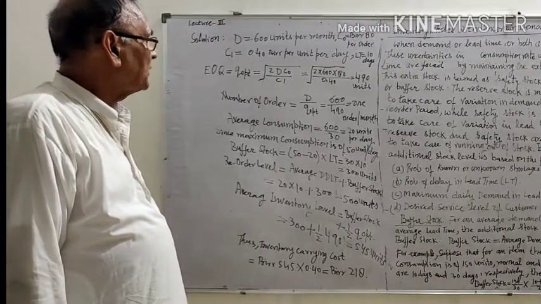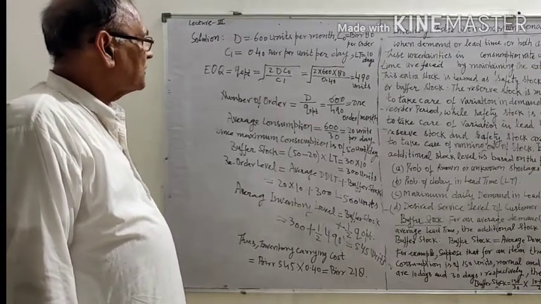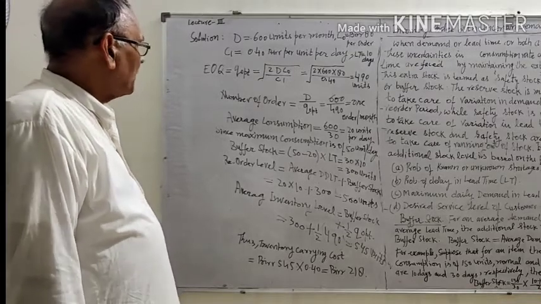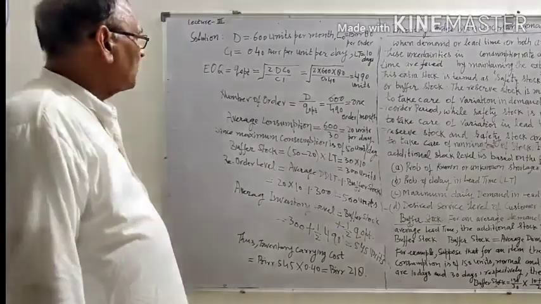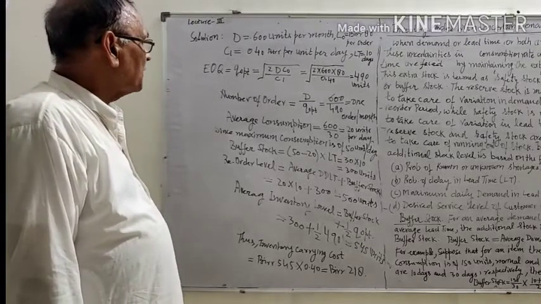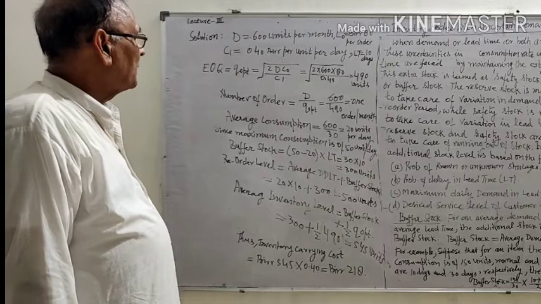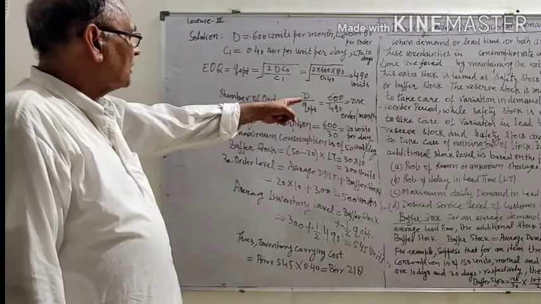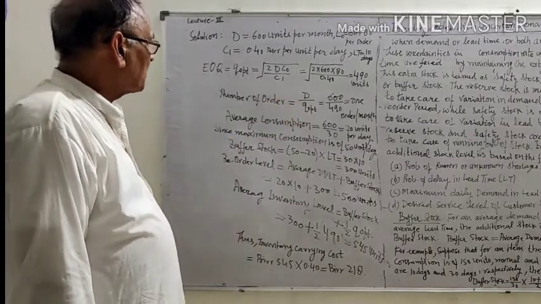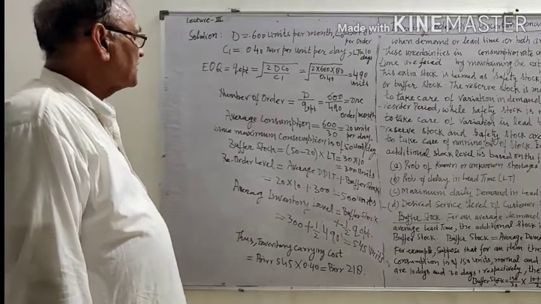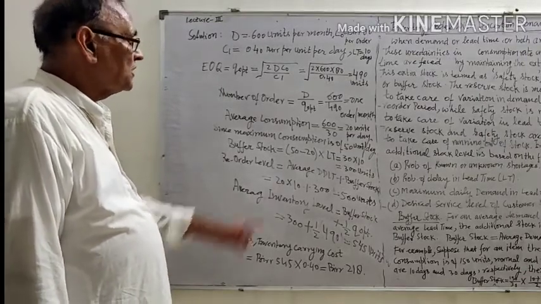Substituting the values of D, C0 and C1, we get 490 units. The number of orders can be obtained by dividing the demand by Q optimum, that is approximately 1 order per month. The average consumption is 600 by 30, that is 20 units per day.